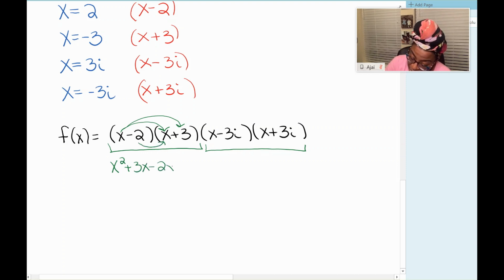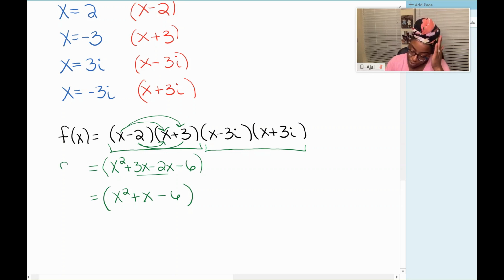That's going to be negative 2x. And then there'll be minus 6. And if I was to go ahead and combine my like terms, I get x squared plus x minus 6. Okay? Just want to bring everything down.